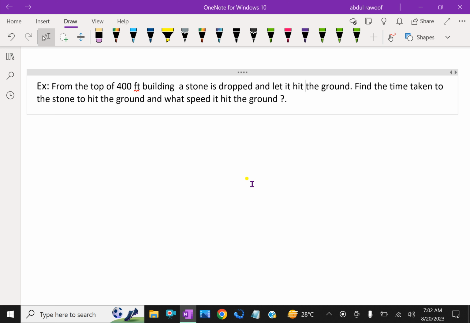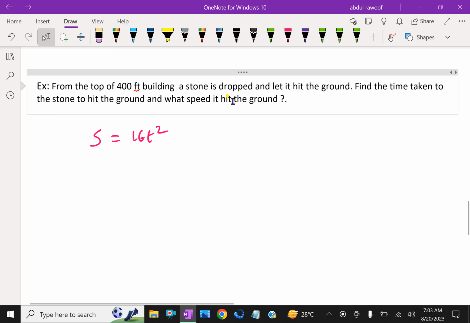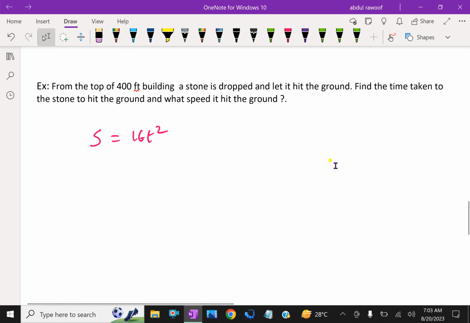Therefore, we know that s equals 16 t square, because this is 400, equal to 16 t square.